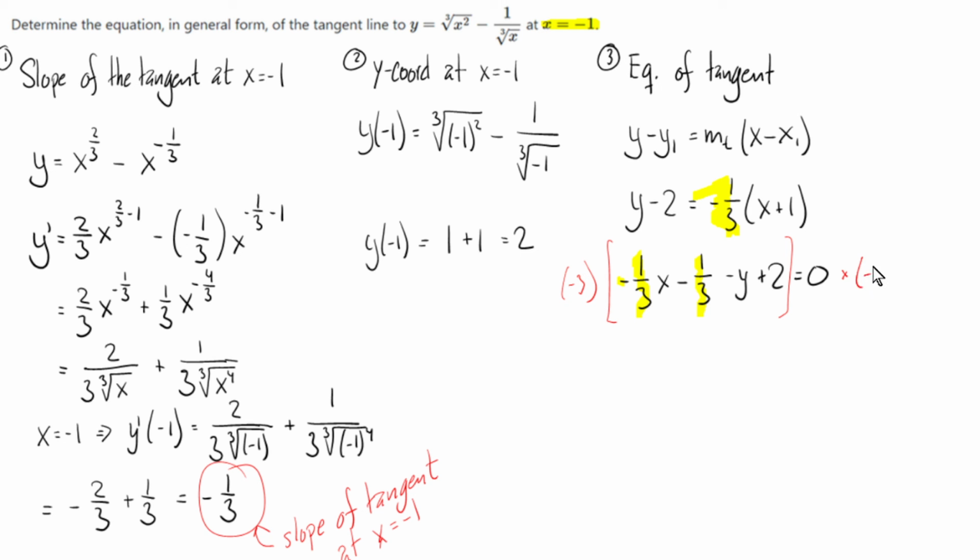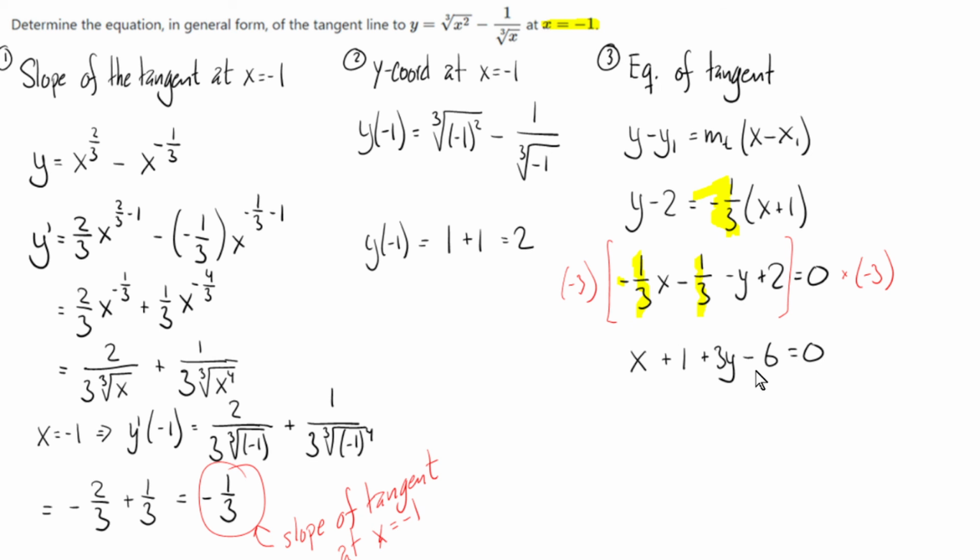If we do that, we get positive x, positive 1 for the second term, positive 3y, and then negative 6 equals 0.